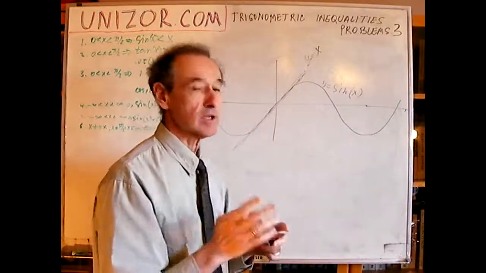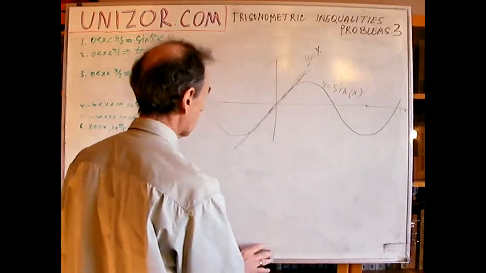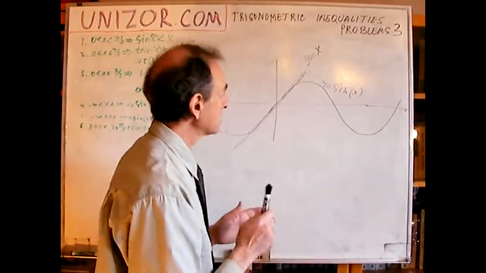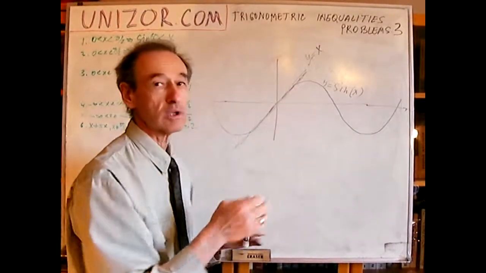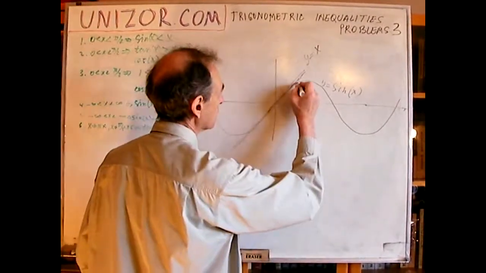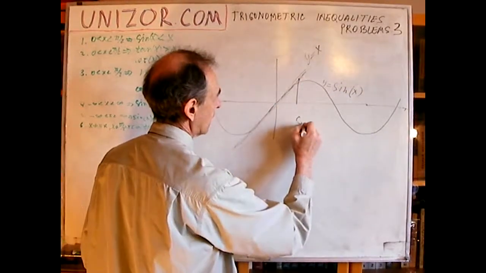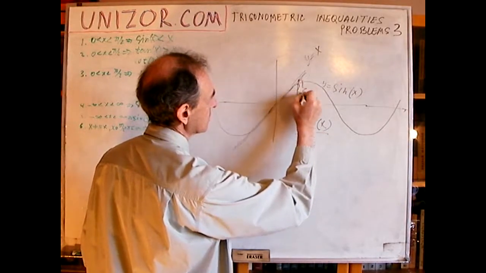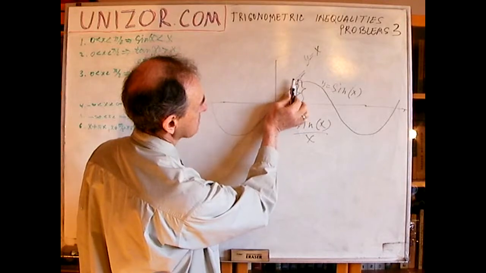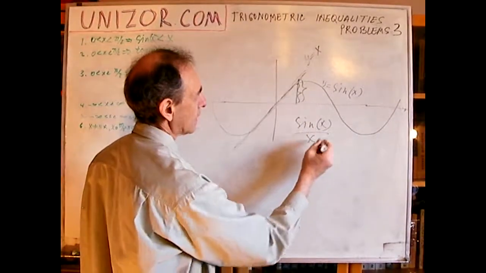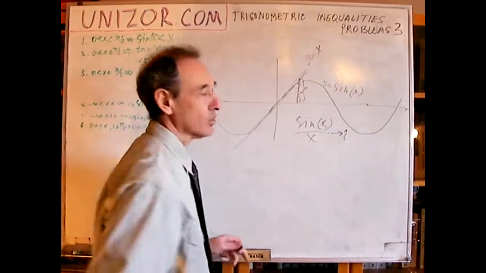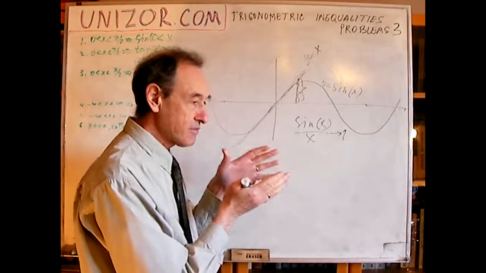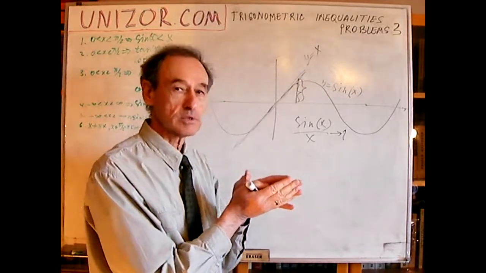And here is a very interesting theorem. I'm not going to prove it right now, that's for later, but basically the point is that the ratio between sine x and x goes to 1 the closer we get to 0, which means they are very, very close to each other.